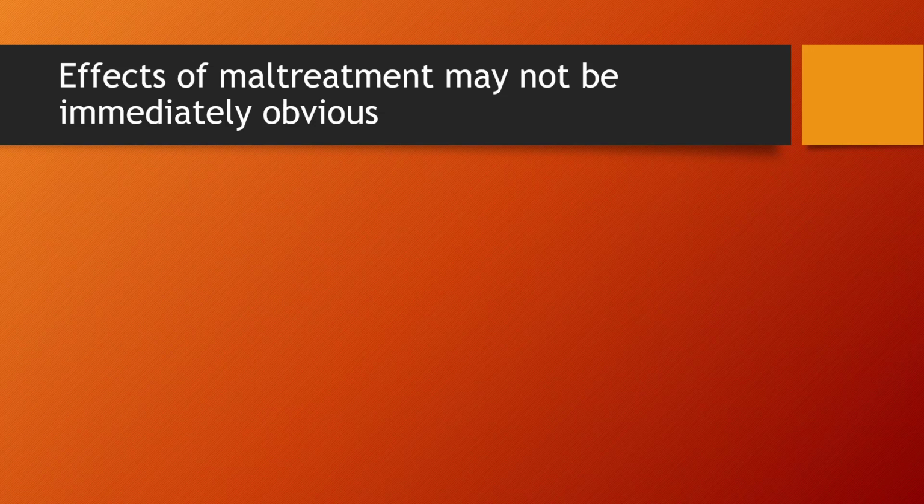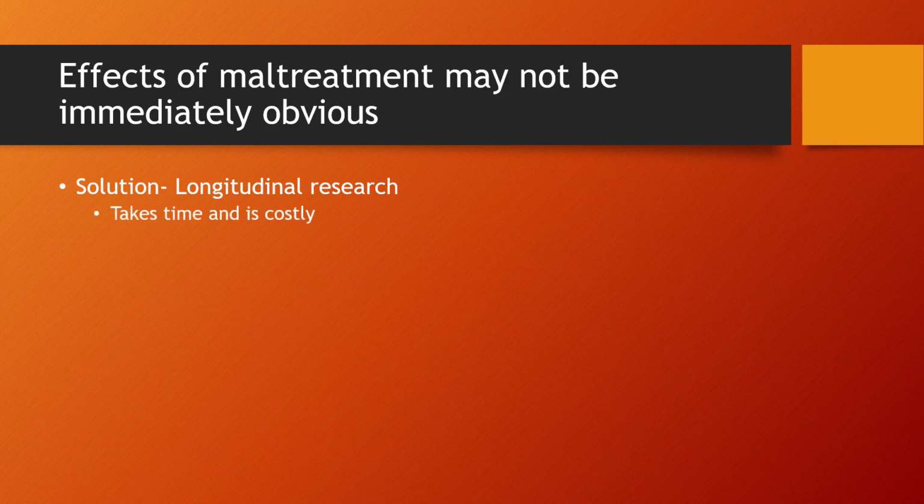Now, one solution to this problem, of course, is to do longitudinal research, where you get a group of people who have experienced a certain kind of maltreatment and you follow them over time and look at how their issues evolve. Obviously, there are big problems with longitudinal research. It takes time and it takes money. And we always have to worry about attrition.